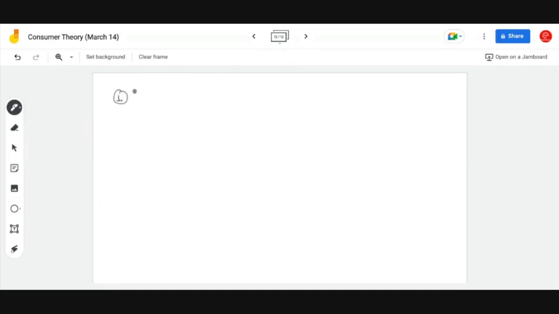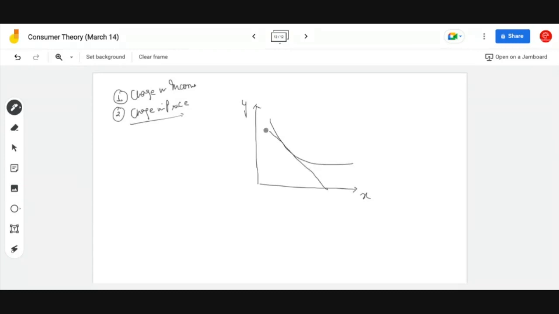One is change in income, and second is change in price. Let's say this is the indifference curve graph, with good Y on this axis and good X on this axis. This is our indifference curve, IC1, and this is our budget line with slope PX upon PY.